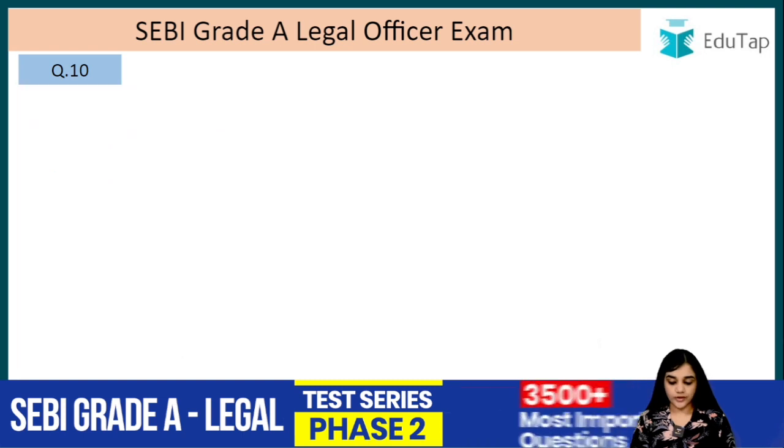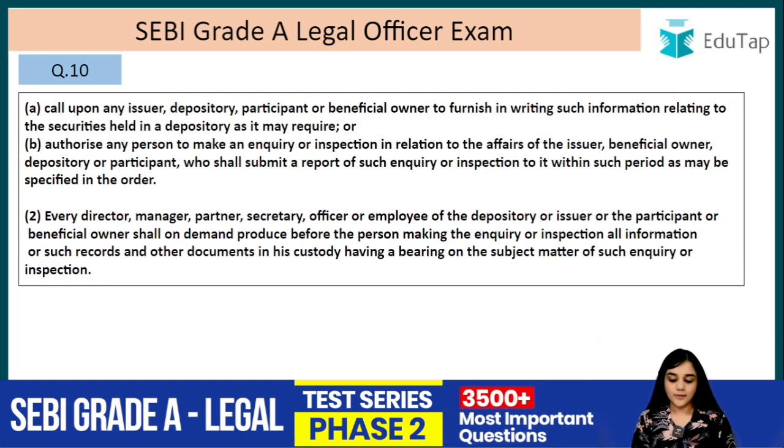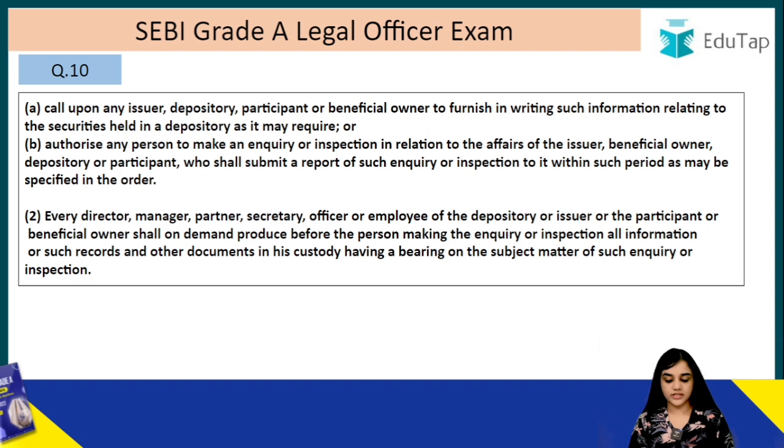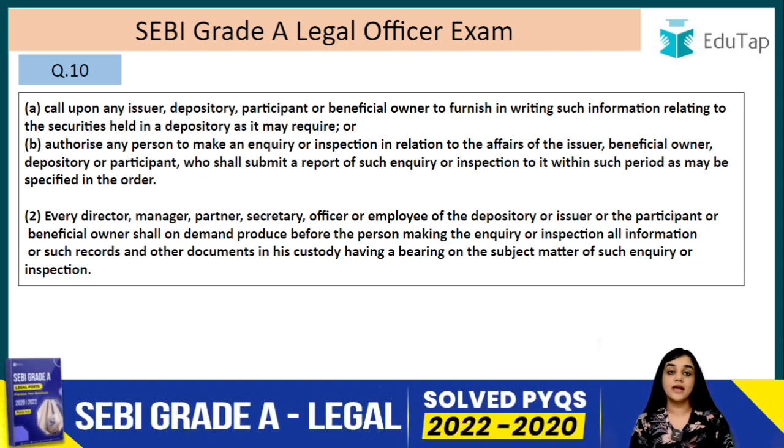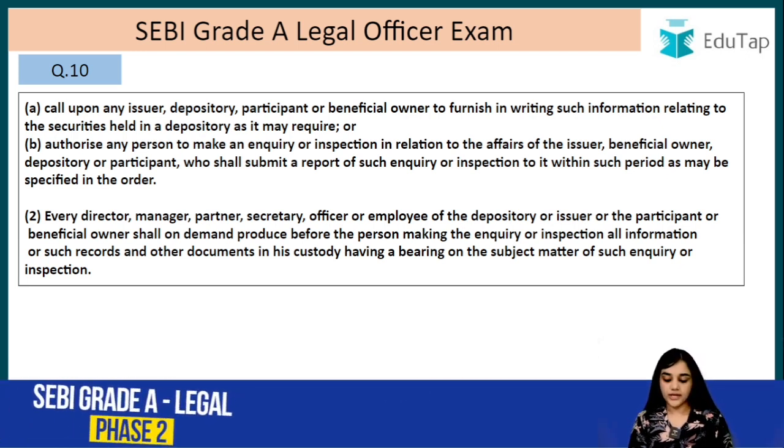What is going to be the order? First, call upon any issuer, depository, participant or beneficial owner to furnish in writing such information relating to the securities held in a depository as it may require. So they can ask them to provide any information, and that information is going to be given in writing, and it is going to be related to what? The securities that are held in the depository, right?